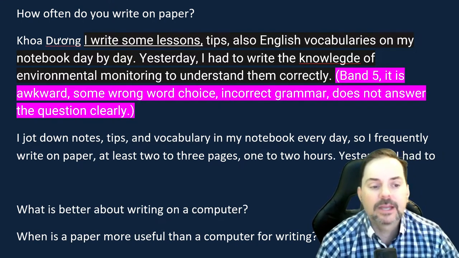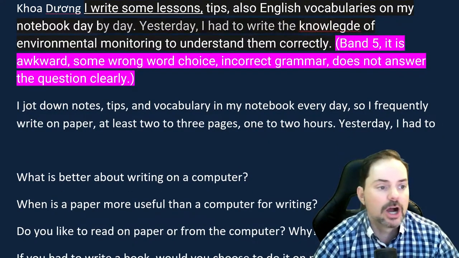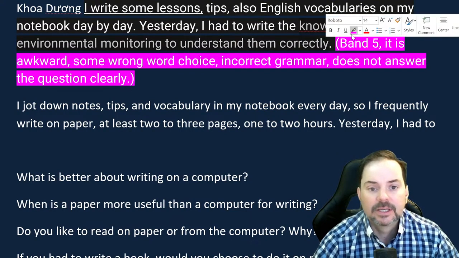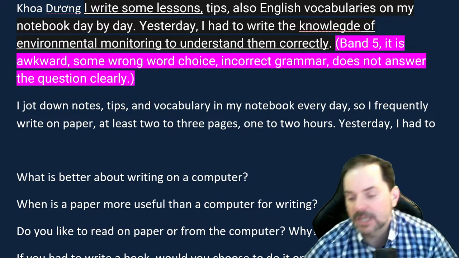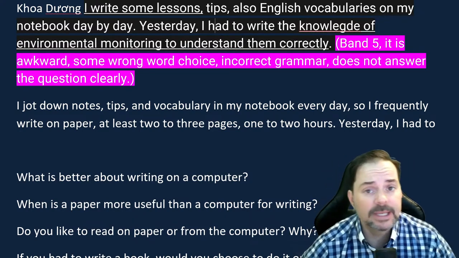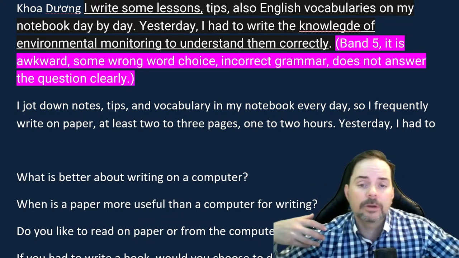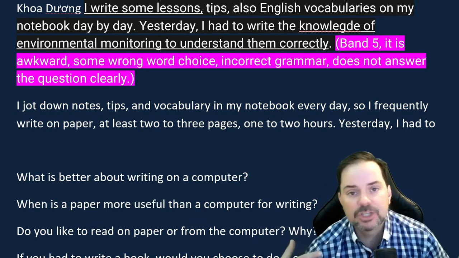What do you think Koa wanted to write with knowledge of environmental monitoring to understand them correctly? Can somebody else correct this phrase? I want to also show you this, that, use your peers. So you've got lots of people, and the more help we can get from each other, the better.